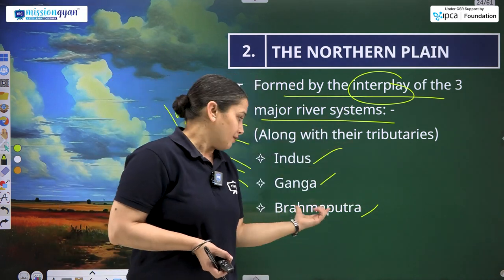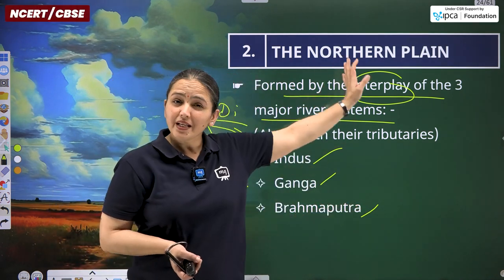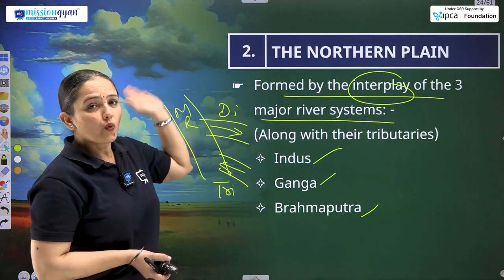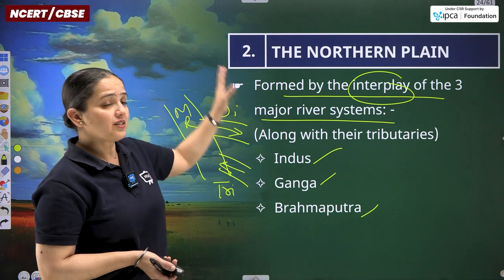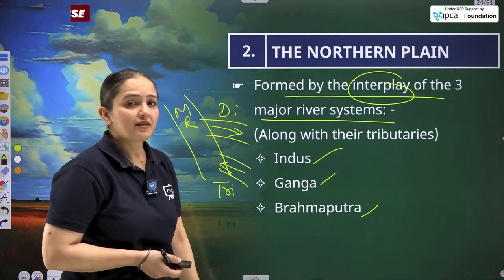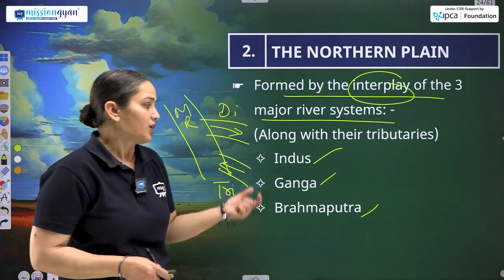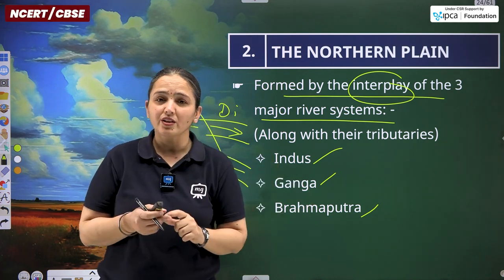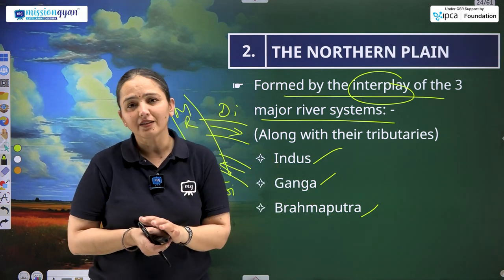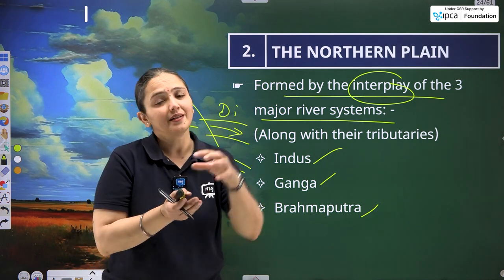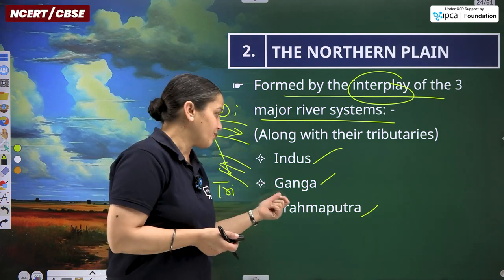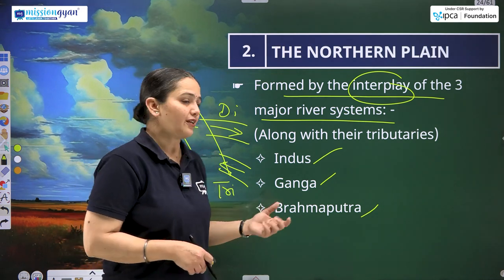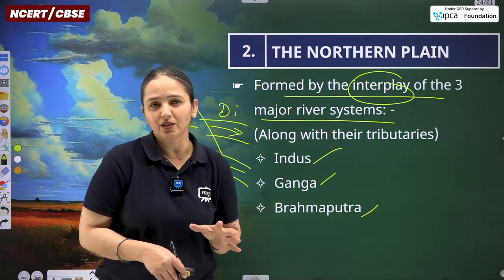The Brahmaputra enters India from the eastern extent, that is Arunachal Pradesh, while the Indus enters in Ladakh and the Ganga in Himachal and Uttarakhand, where two prominent rivers, Alkananda and Bhagirathi, combine in Indian territory and form the Ganga river.